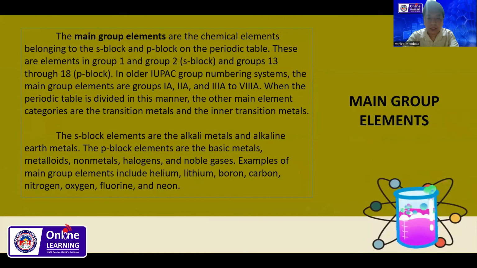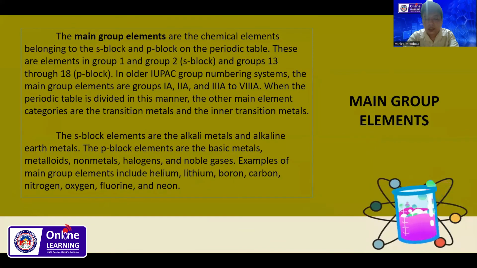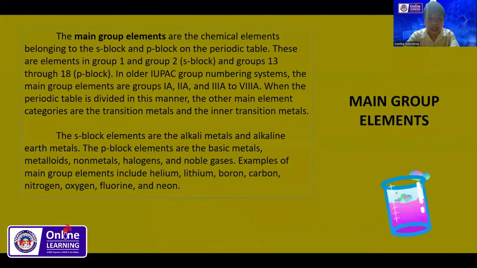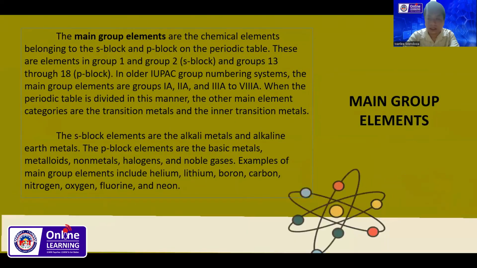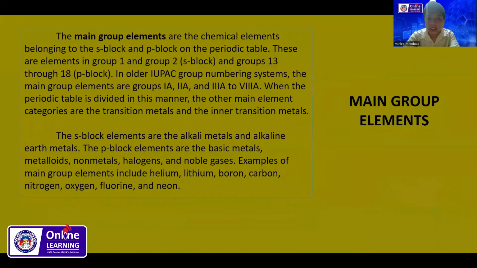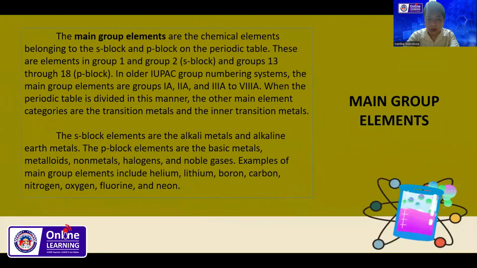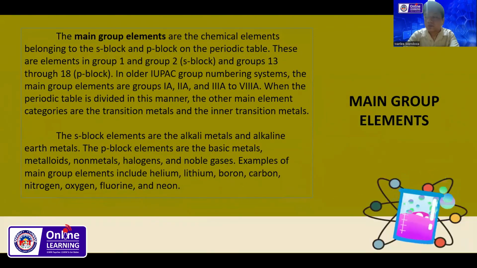When the periodic table is divided in this manner, the other main element categories are the transition metals and the inner transition metals. The S block elements are the alkali metals and alkaline earth metals. The P block elements are the basic metals, metalloids, nonmetals, halogens, and noble gases. Examples of main group elements include helium, lithium, boron, carbon, nitrogen, oxygen, fluorine, and neon.